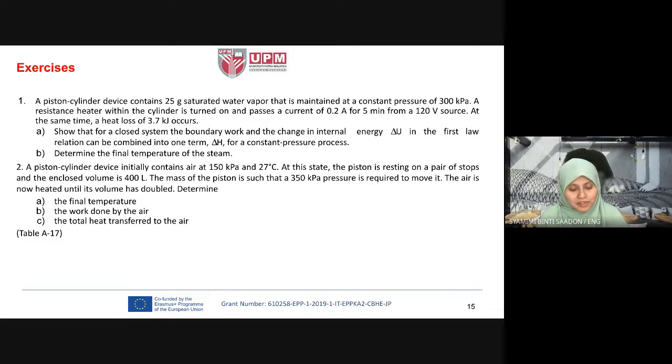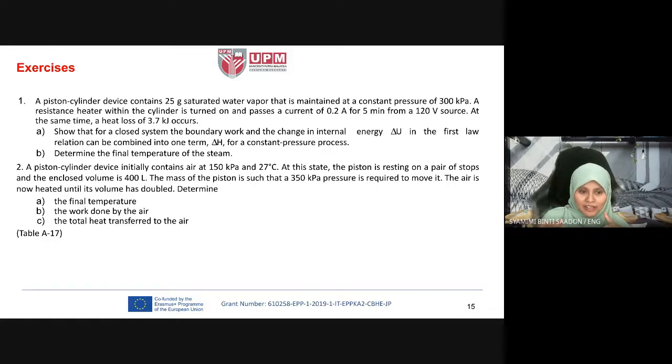Okay, for this question, we actually have state 1, state 2 and state 3. There are two different processes. From the initial state to the second state, the piston is resting, and then we put pressure.